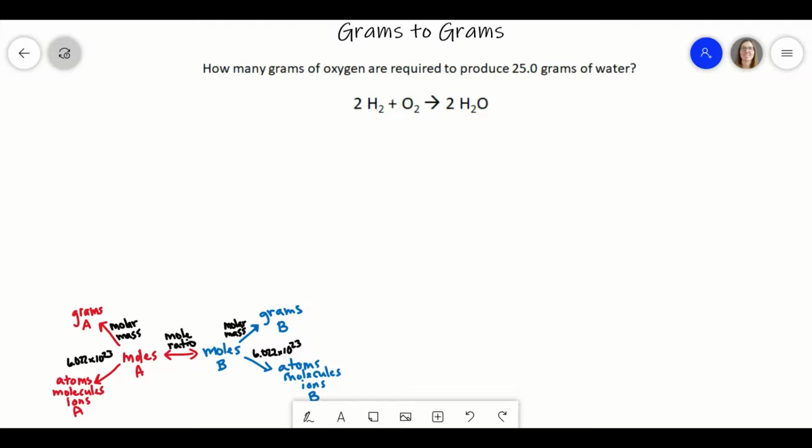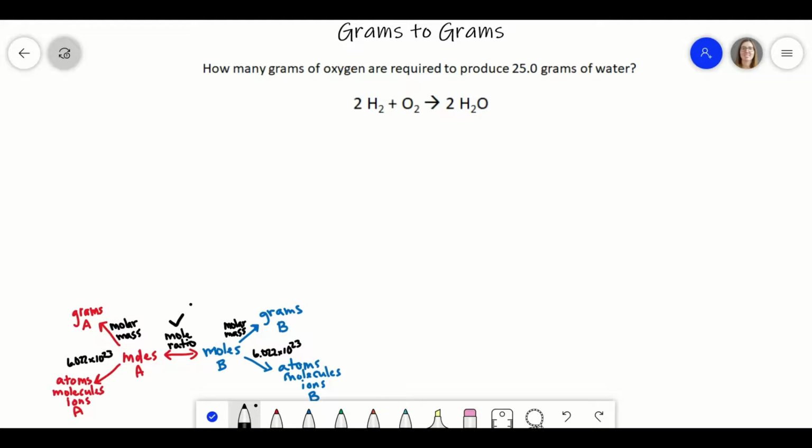So if you look at the guide, we have substance A and substance B, and we have some relationships between them. So for example, we could do the moles of substance A to the moles of substance B using the mole ratio, which we see right here on the chart.